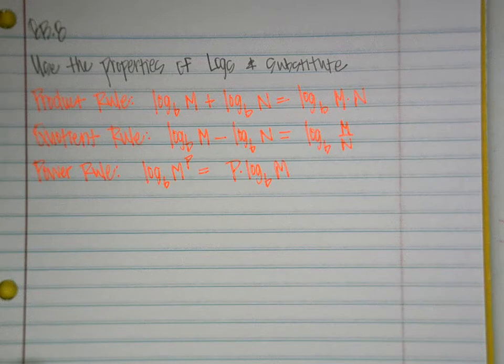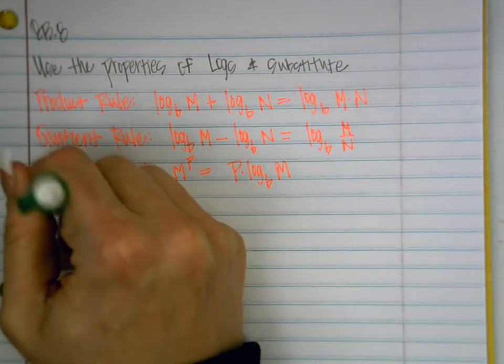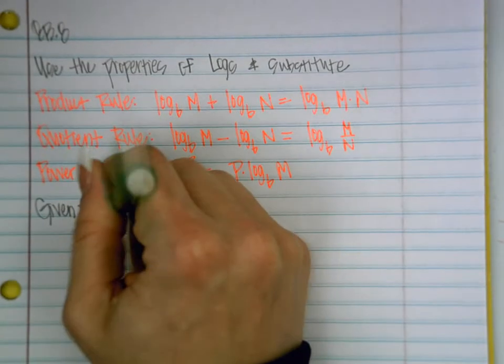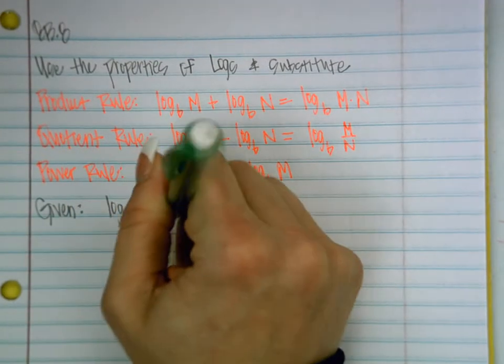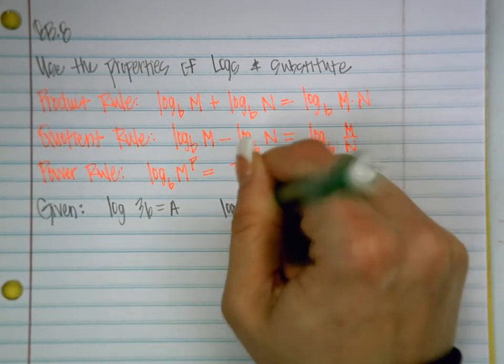Okay, so first thing I'm going to do is I'm going to give you a couple of values. Given that log 36 is equal to a and log 4 is equal to b.